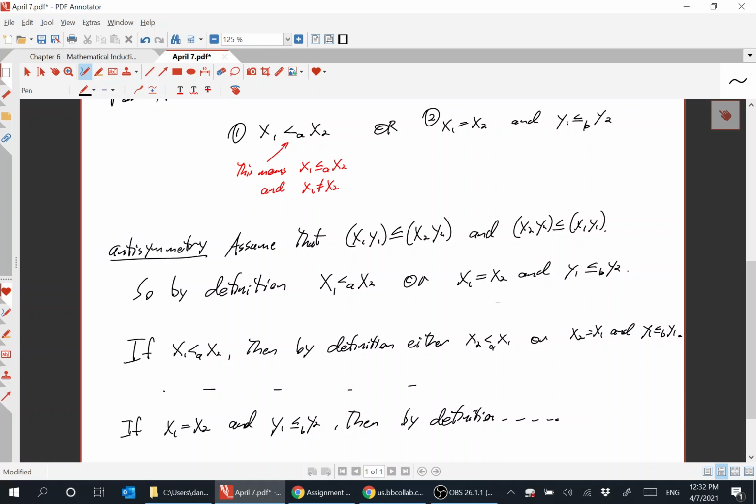Whenever there's two possibilities, you must consider both. Typically, you consider them separately. Sometimes you can consider them together. Whenever you have an or, either this is true or that is true, you must consider this, and then you must consider that.